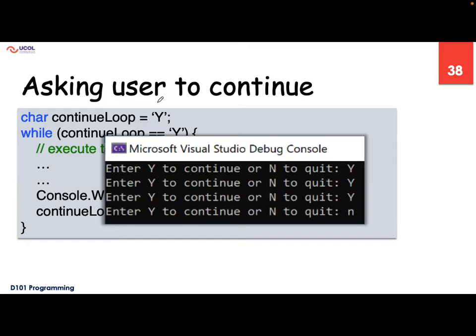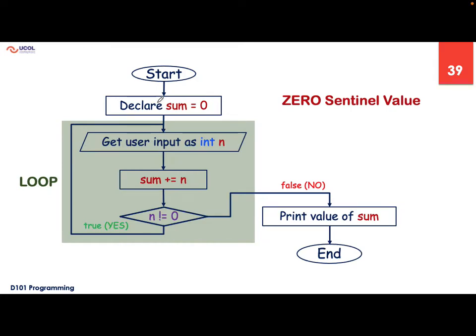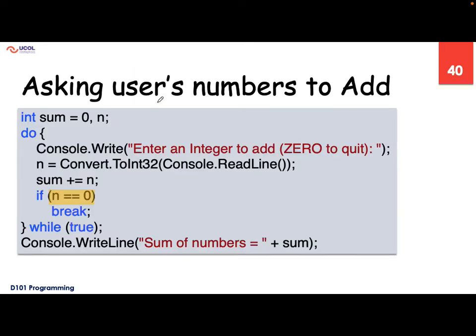In the other case, 0 is a sentinel value. So a sentinel value can be anything which helps you to break the loop. It can be a number, a character, a string, yes or no, true or false, anything. If n is double equal to 0, break it, sentinel value.